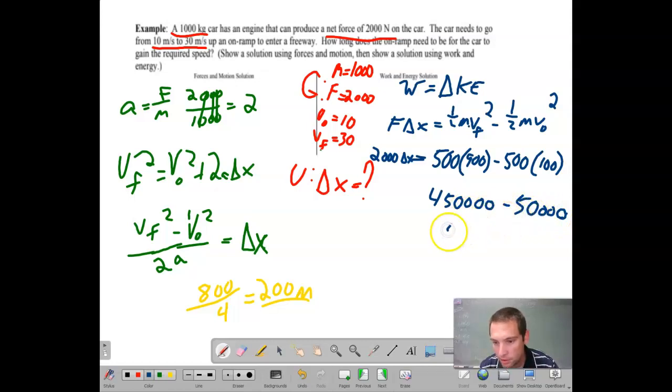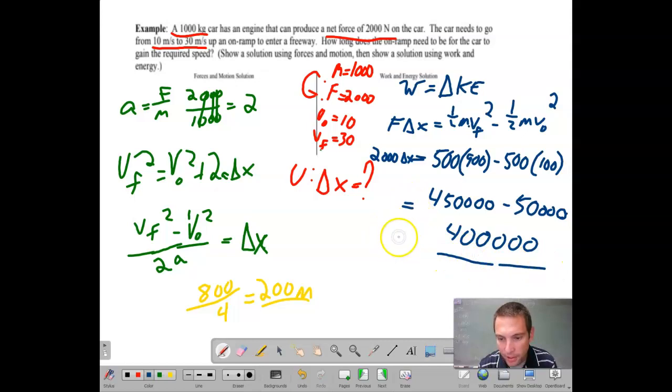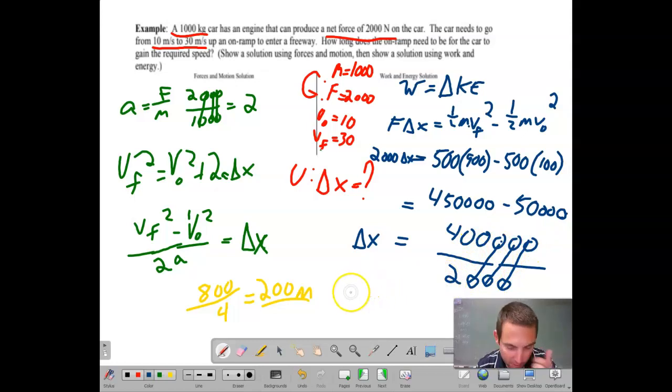So that's just going to give us 1, 2, all right, and then dividing that by the 2,000. So we have delta x equals that huge number, whatever it is, divided by 2,000. Now we have 400 divided by 2, and we have delta x equals 200 meters. Hey, same answer.